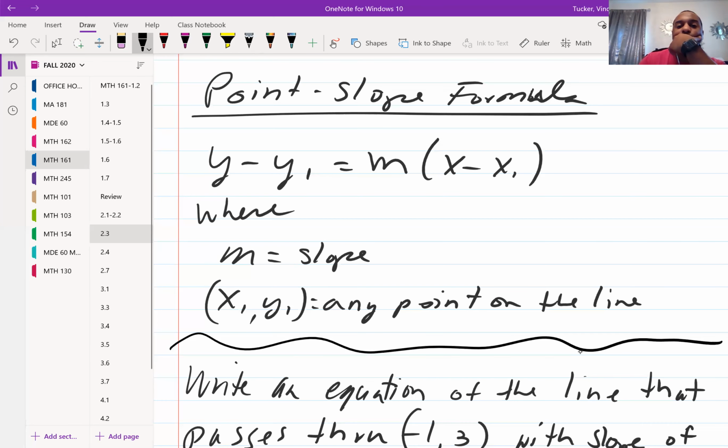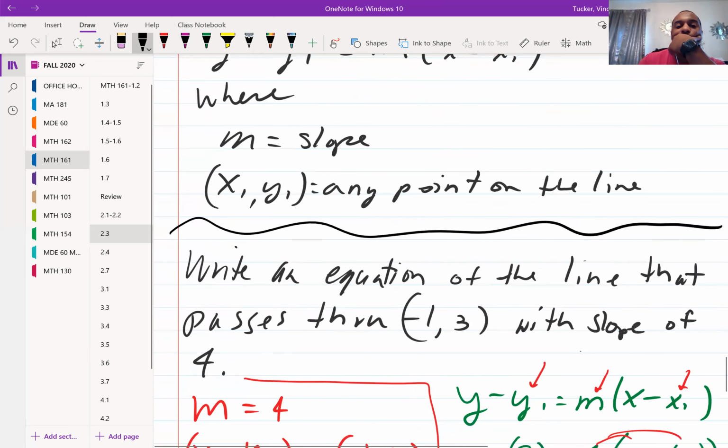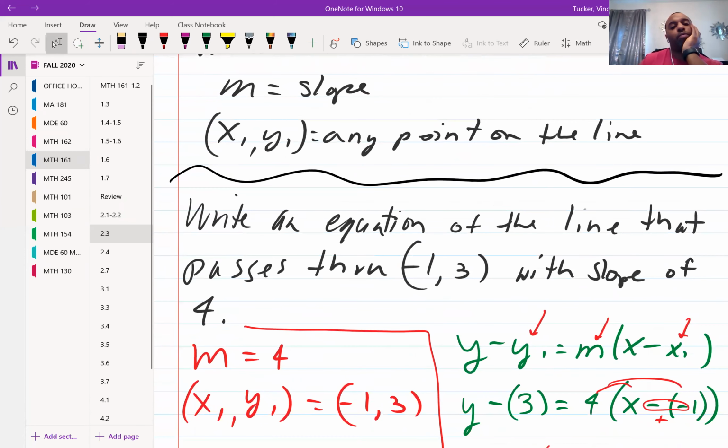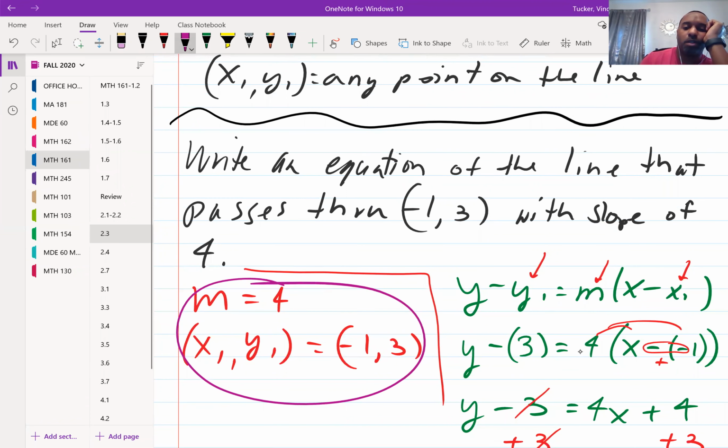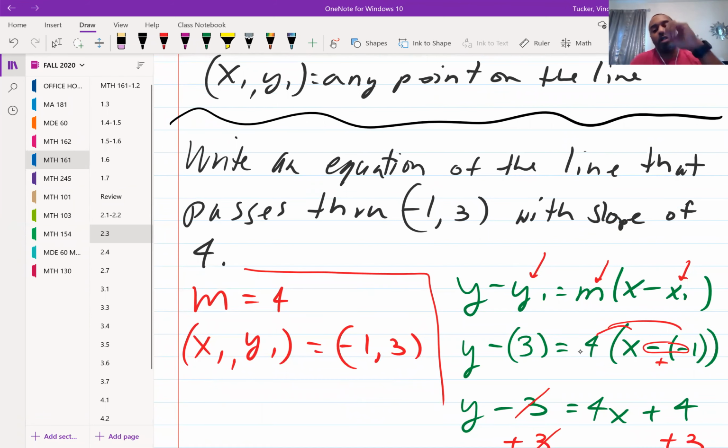All right. So write the equation of the line that passes through -1, 3 with a slope of 4. So in the red, we're looking at the given information. We have our slope is 4, and our point is x1, y1, which is -1 and 3 for us.